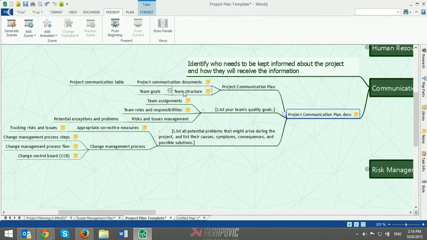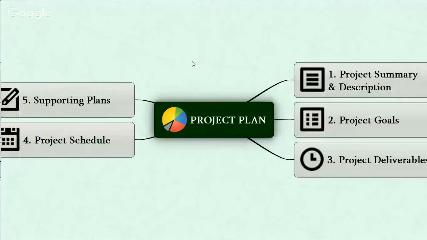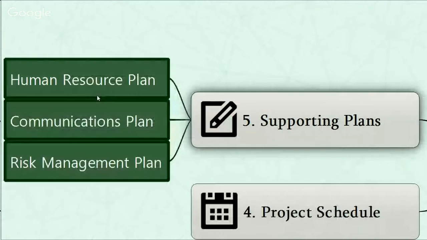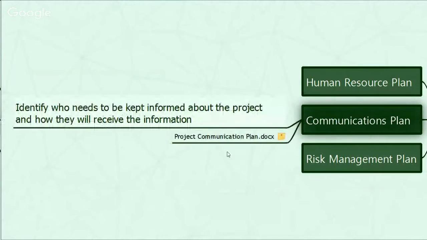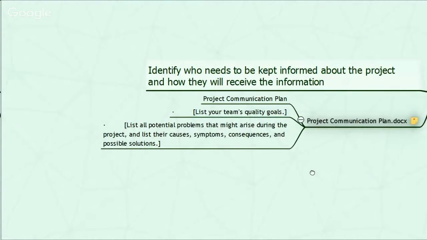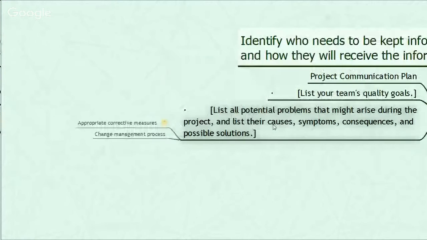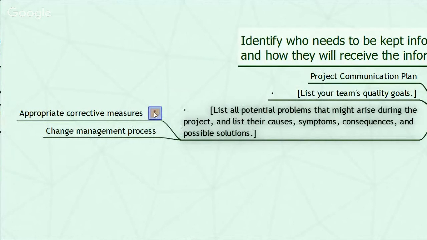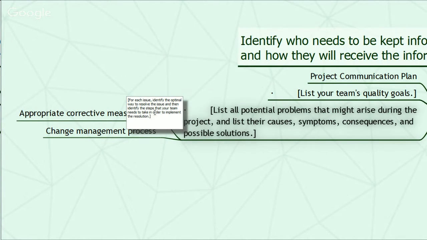In order to show you that you can also present information in the notes, I'll click on the presentation again. Go to the communications plan. And I'll click on the notes icon and it appears with the information that is added in that specific topic.